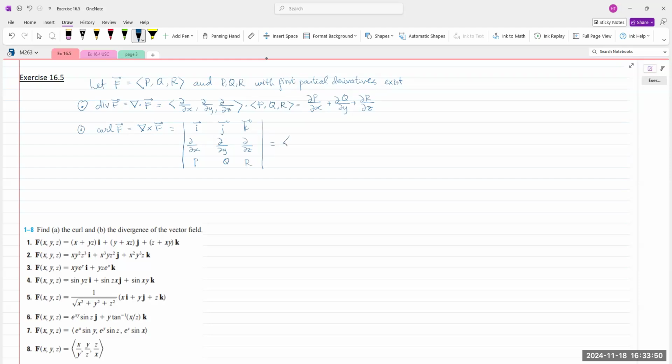That will give us dou R dou y minus dou Q dou z. The second component is negative of dou R dou x minus dou P dou z. And the third component is dou Q dou x minus dou P dou y.